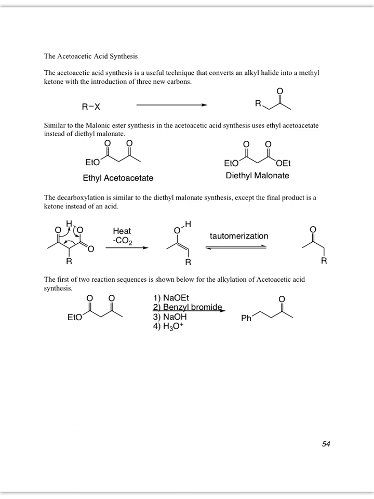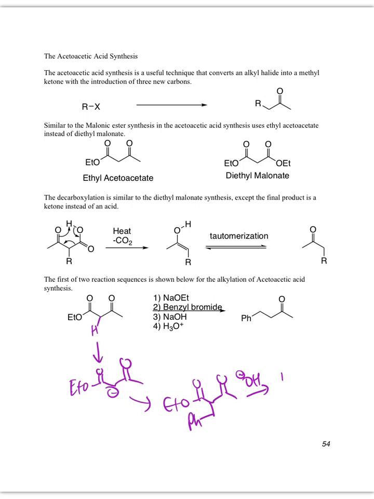So the other thing we can use is ethyl acetoacetate in the same sort of fashion as we did with the diethylmalonate. And with the ethyl acetoacetate, we can pull off a hydrogen with ethoxide, add the benzyl bromide, and then add the benzyl bromide, and then we add the base to form the carboxylate.